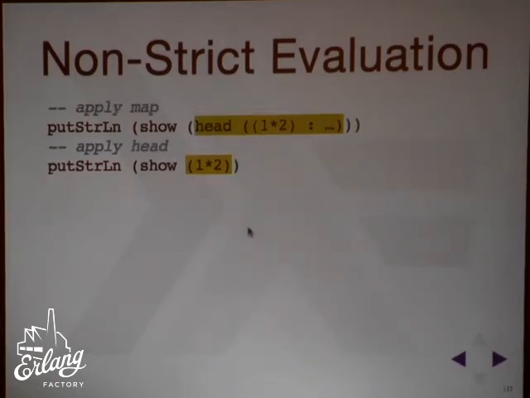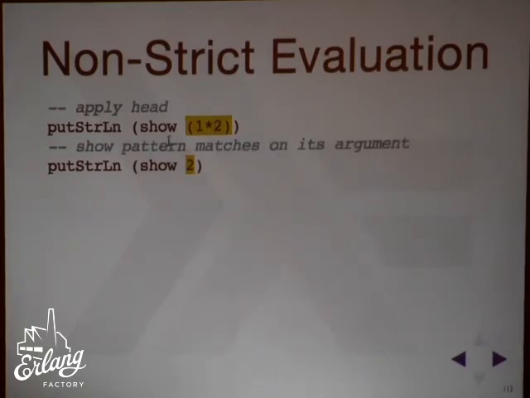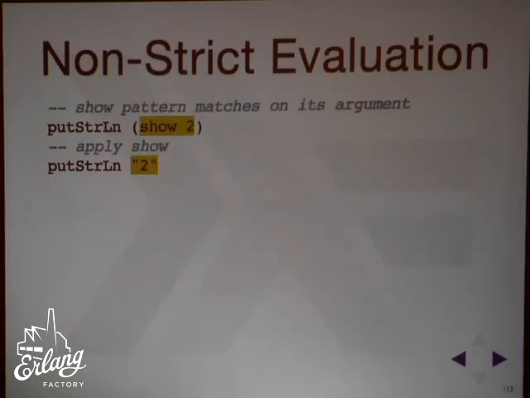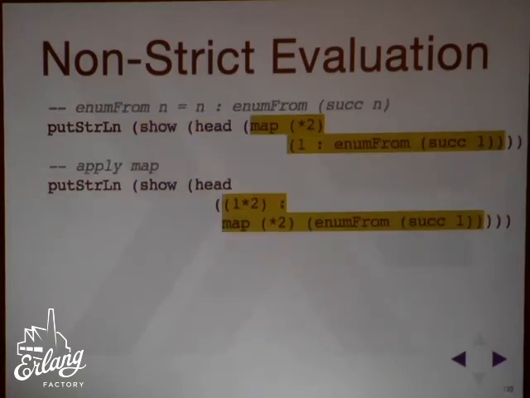And then I evaluate head. It pattern matches on the list and takes the element, which just is 1 times 2. And then eventually show needs to evaluate that number to figure out how to get the string representation of it. And so it evaluates to 2, and then it shows the string 2. It prints that out. So given weird, stupid, infinite inputs, it's able to do something sensible here in a relatively small number of steps.